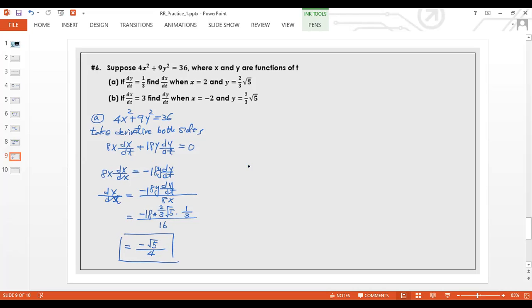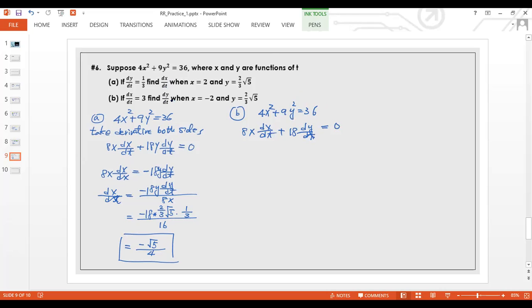Because it's negative. Okay, the same way, let's take a look at dy/dt. So this is 4x squared plus 9y squared equals 36. Same old, take the derivative on both sides. So this is 8x dx/dt, don't forget, plus 18y dy/dt, and is equal to 0.